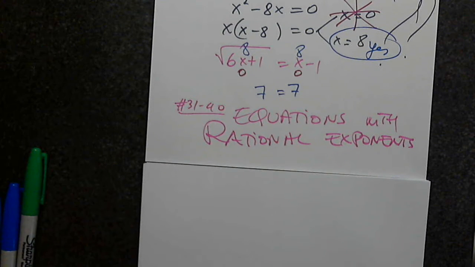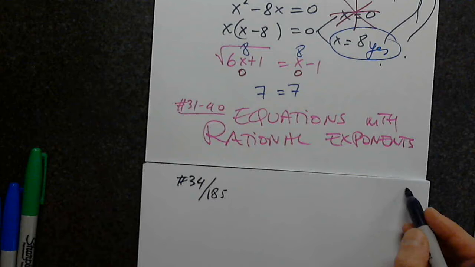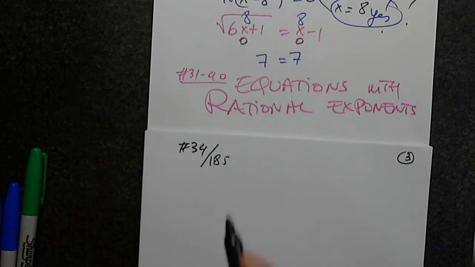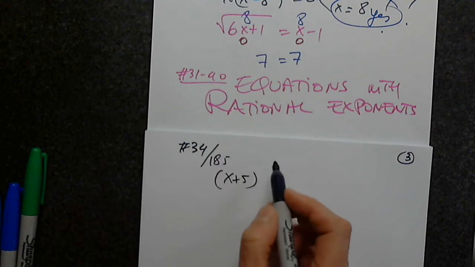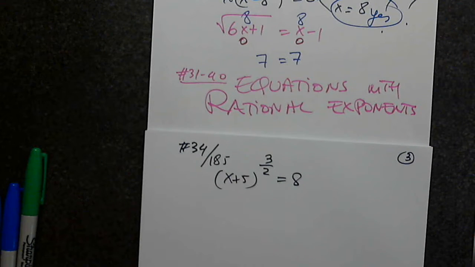So let's look at problem 34, page 185. So we had x plus 5, everything raised to 3/2, equals 8. This is not a trivial equation. I recommend the following method.